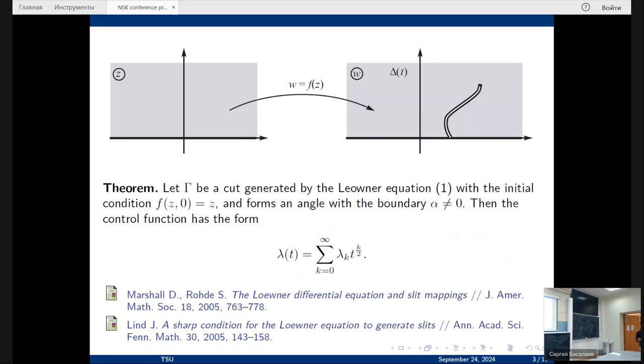The control function in this case looks like a power series of t, and the power doesn't depend on the angle alpha. And these two words over there are saying that.